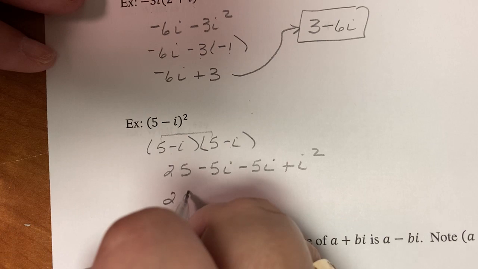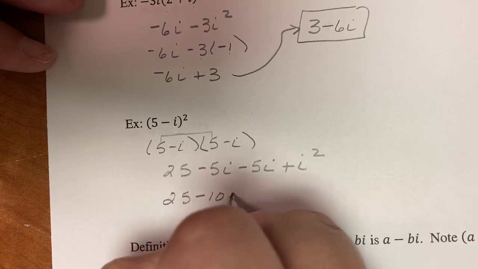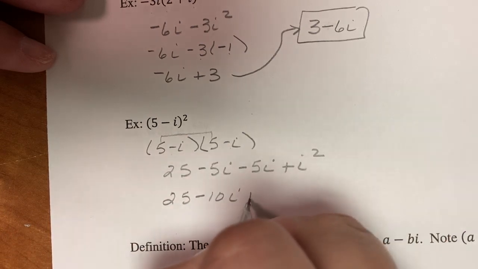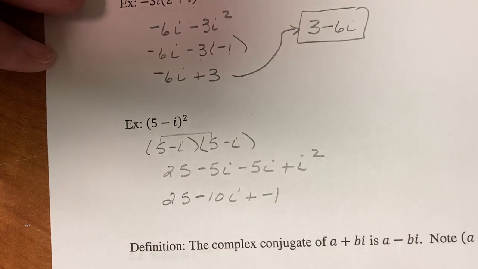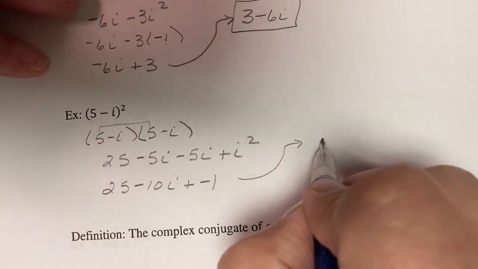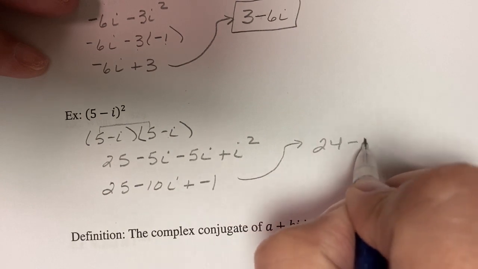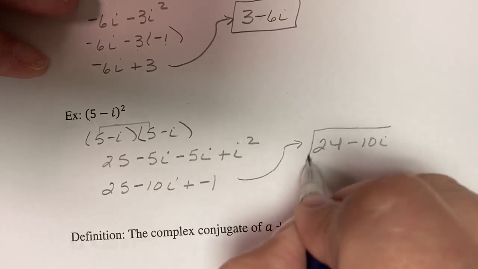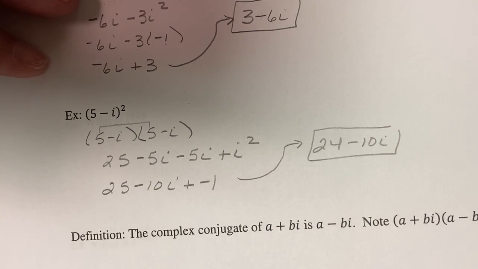So that's going to be 25 minus 10i plus, but wait a minute, i squared is negative 1. So that's going to give me 24 minus 10i. So there's multiplying.